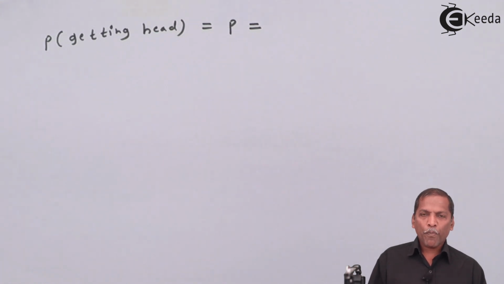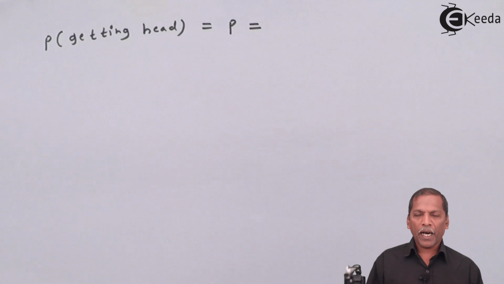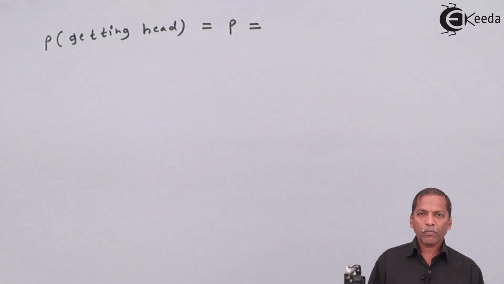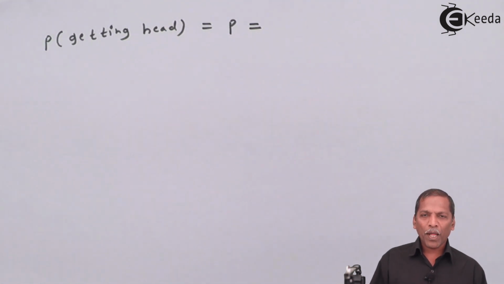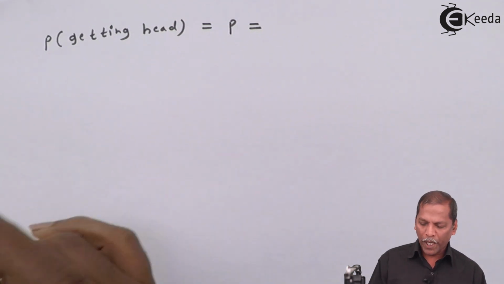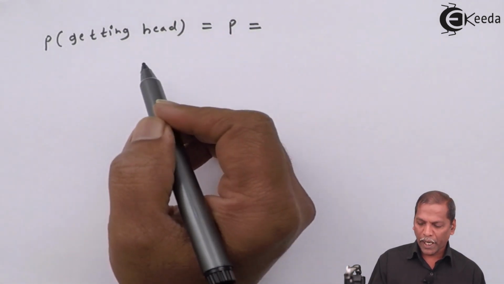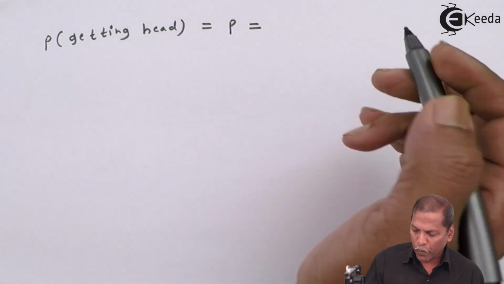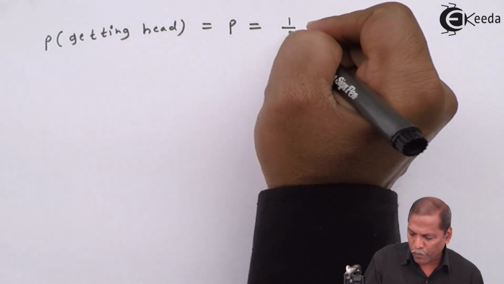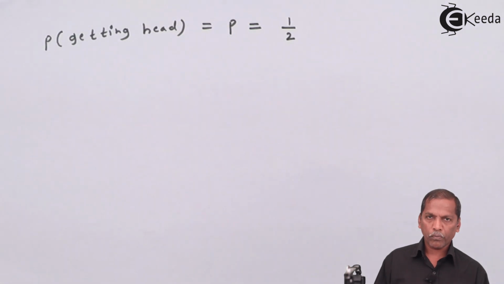Therefore the probability of getting head is equal to 1 upon 2. At the same time, probability of getting tail is also 1 upon 2. So in the present case, P represents getting head, and therefore P is equal to 1 upon 2.